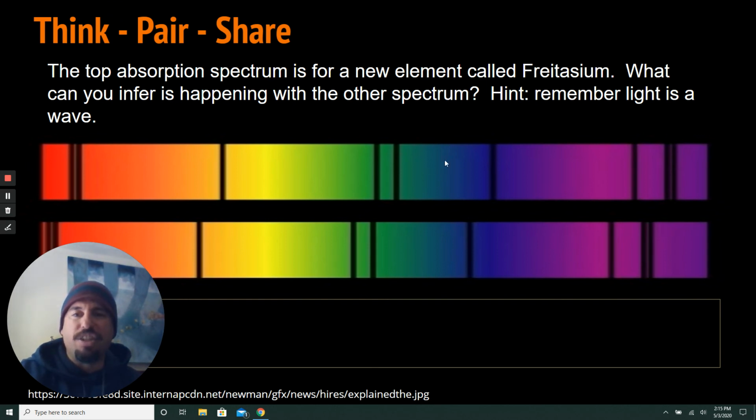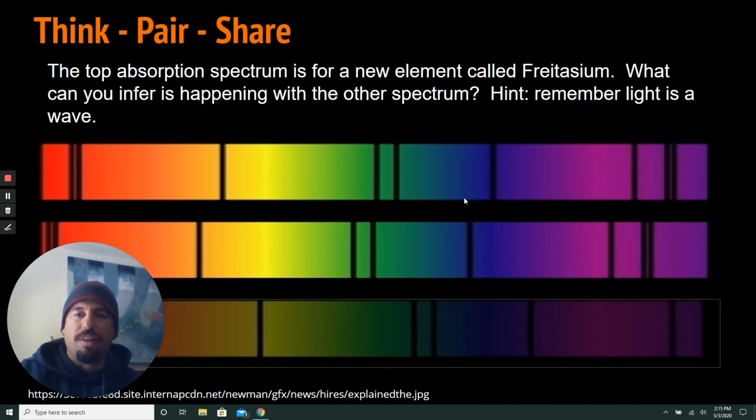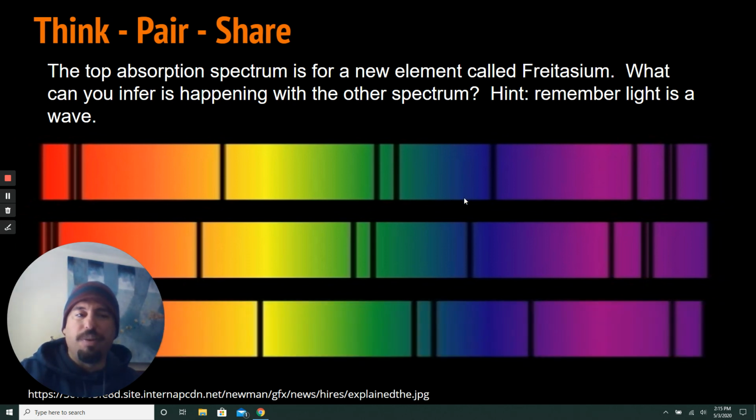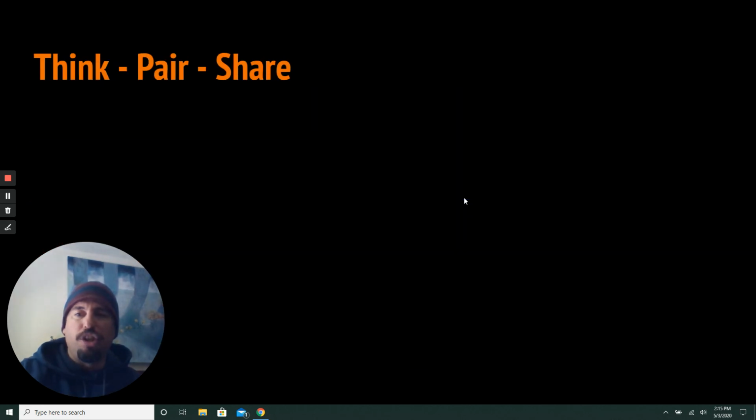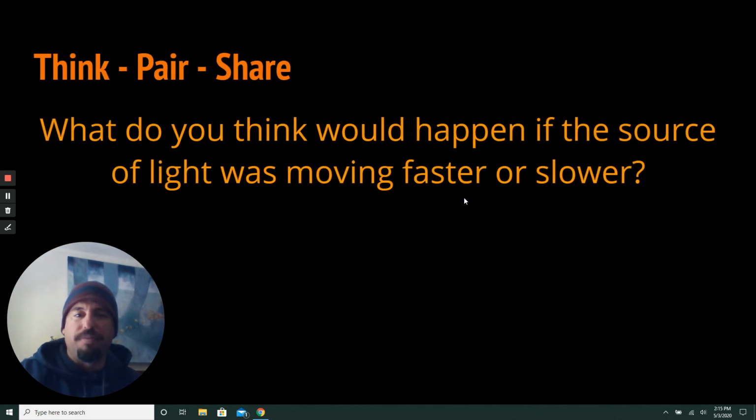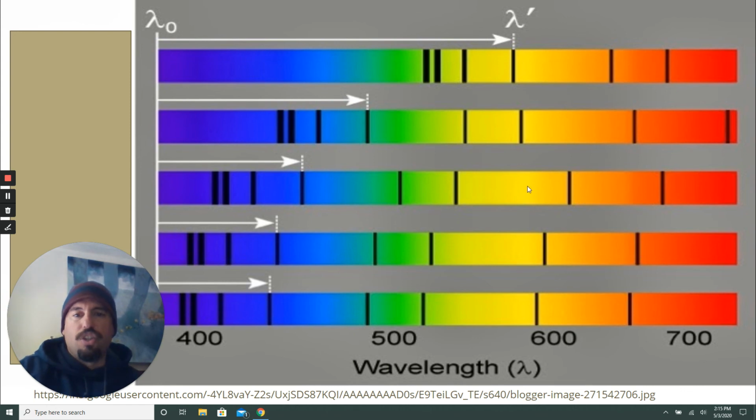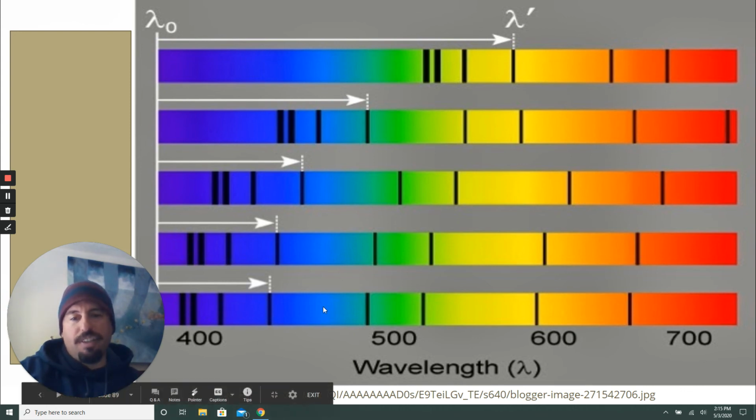Remember, we're looking at light spectrums. Light is a wave. So when do we see shifts in light waves? We see it with the Doppler shift. So if this is our wave, and if things start moving, it shifts.